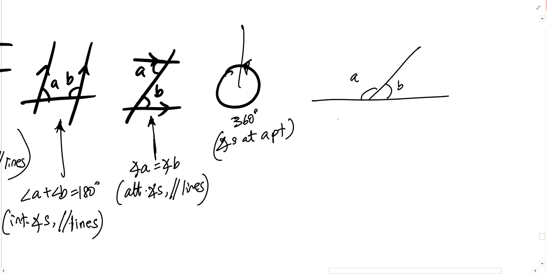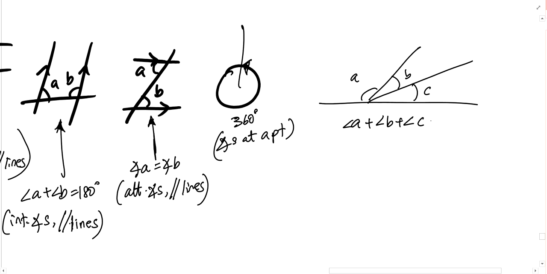What is the relationship? Let me put in another one. A, B, and C. A plus B plus C equals 180 degrees. Reason? Adjacent angles on a straight line.